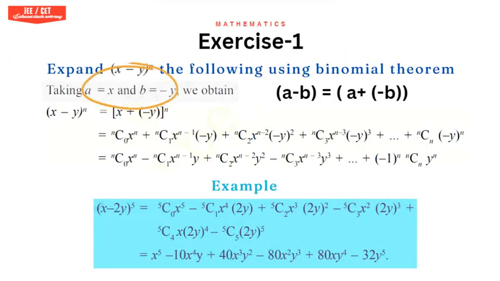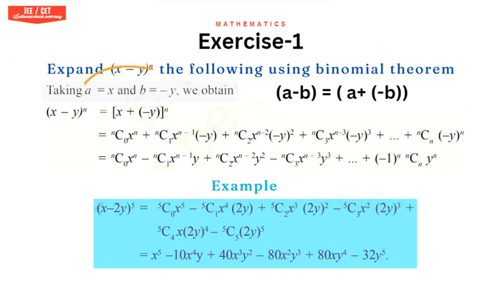Having gone through the theory, we shall solve some exercises to understand the theory better. In the first exercise, you are asked to expand (x minus y) raised to n using the binomial theorem. We know the expanded form of (a plus b) raised to n. To expand (x minus y) raised to n, we have to just substitute b equal to minus y in the expanded form.